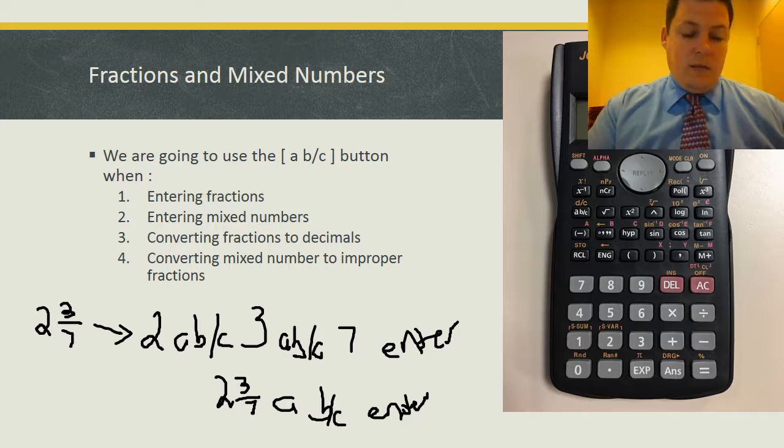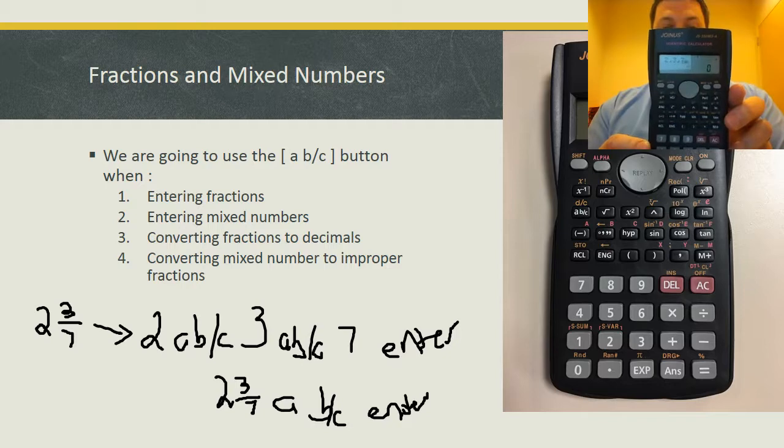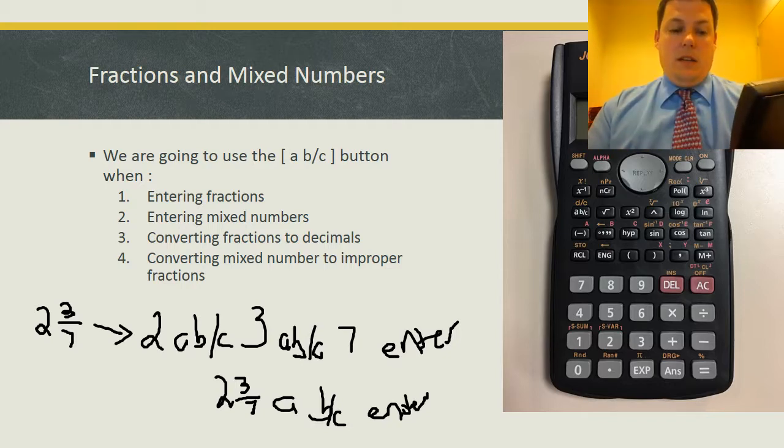And I'll see if I can put it up here. Hopefully you can see it in the picture. So let's do 2, ABC 3, ABC 7. Hopefully you can see that. See how it's entered? I'm going to hit enter.